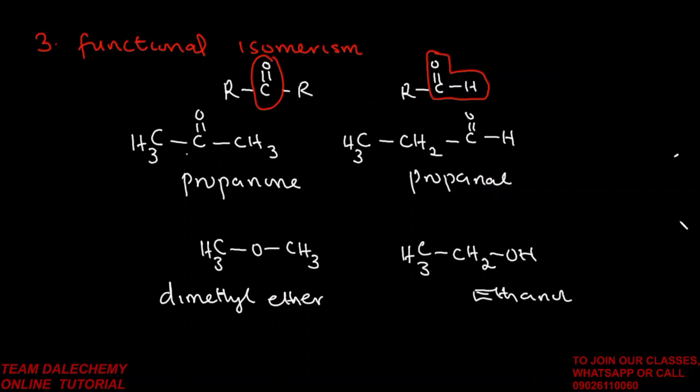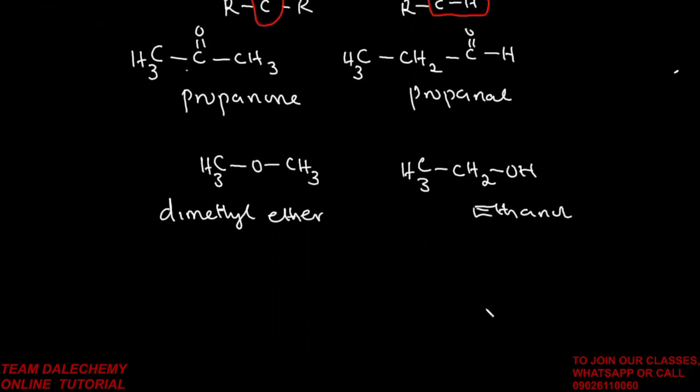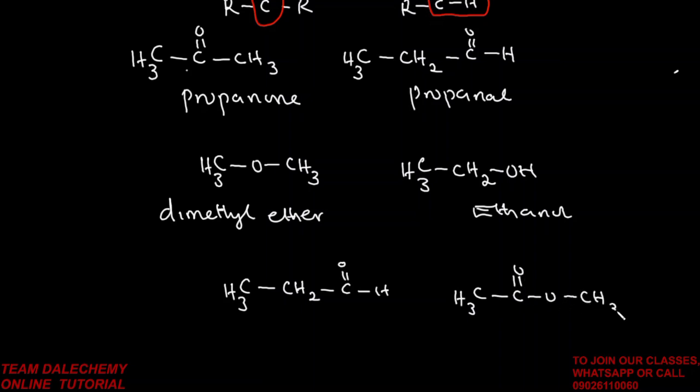It can also occur in alkanoic acids. Like, we have propanoic acid, just as what we have over here, and we have esters. So an alkanoic acid can also be an isomer of an ester. The ester over here is methyl ethanoate.